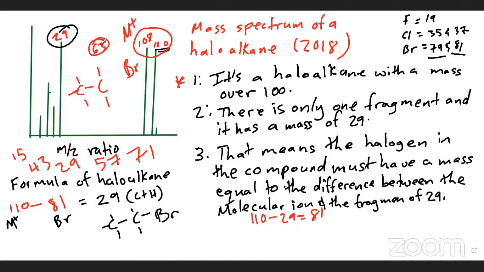So if you have a fragment that is 63, could the halogen be bromine? Quickly. No. Could it be iodine? No, because the mass of iodine is over 63.